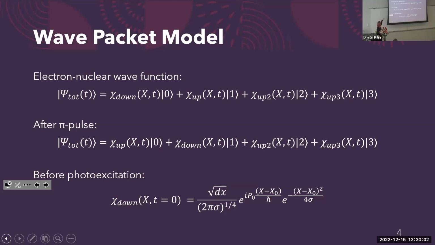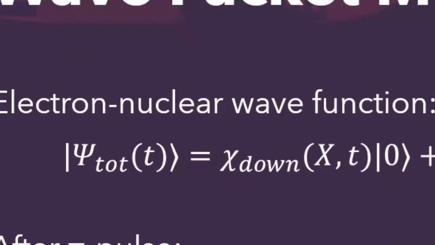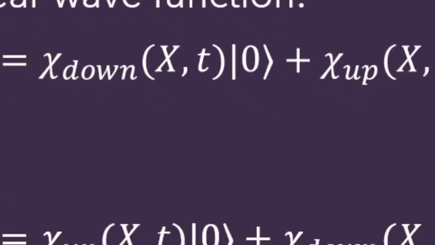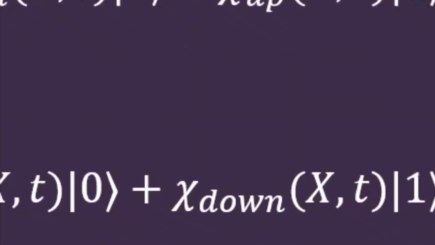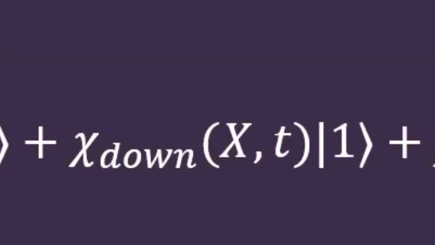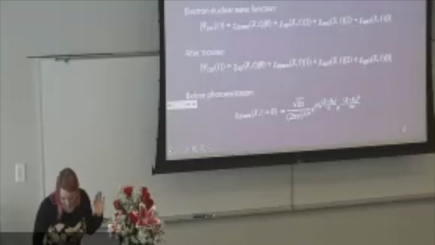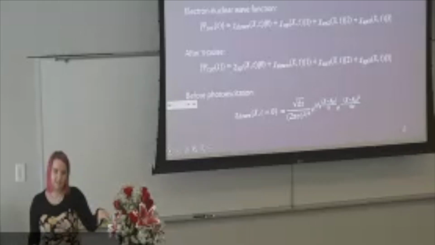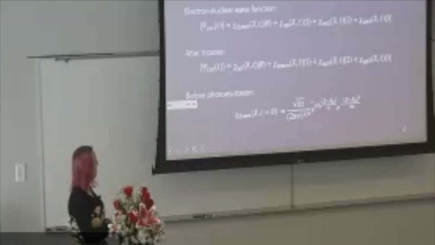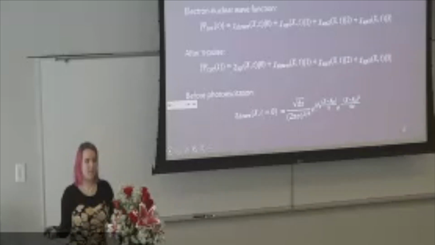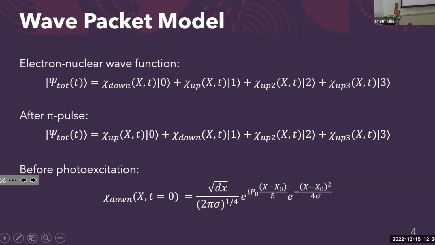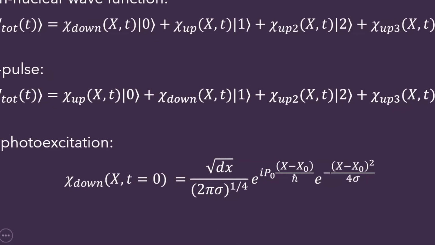And then once it exhibits the pi pulse, it switches from x up to x down. Before photoexcitation, when it's in the ground state, all of these probability densities are 0 because there's no excitation occurring, and so we have this equation right here.